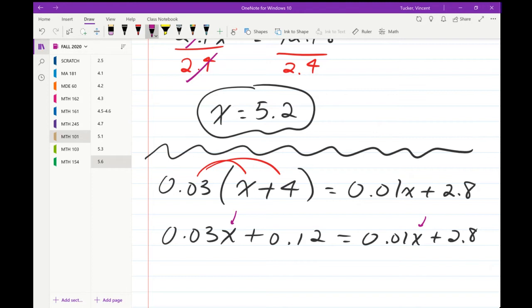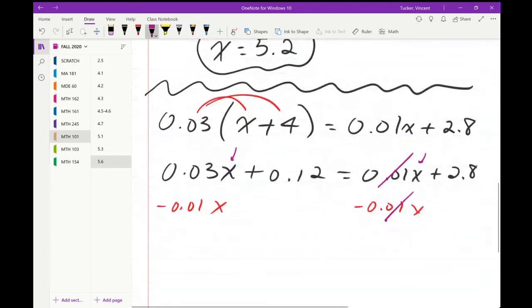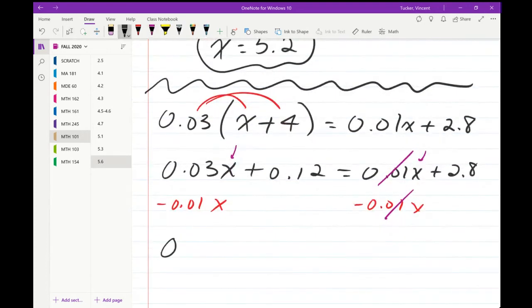Your goal should be to get all of your terms with x on one side, all of your terms without x to the other. So I will subtract 0.01x from both sides. They cancel on the right. On the left, we have 0.02x plus 0.12 equal to 2.8.